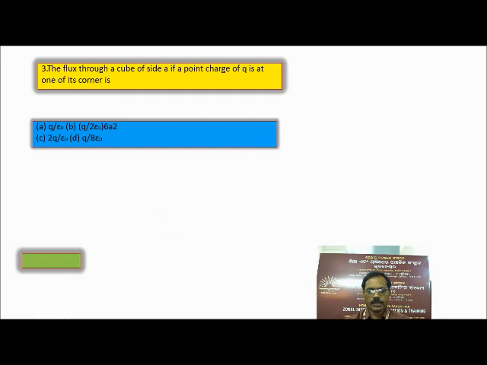The values are given here: A, Q by epsilon naught, B, Q by 2 epsilon naught into 6A square, C, 2Q by epsilon naught, and D, Q by 8 epsilon naught. Let us see the answer. The answer is D, Q by 8 epsilon naught.